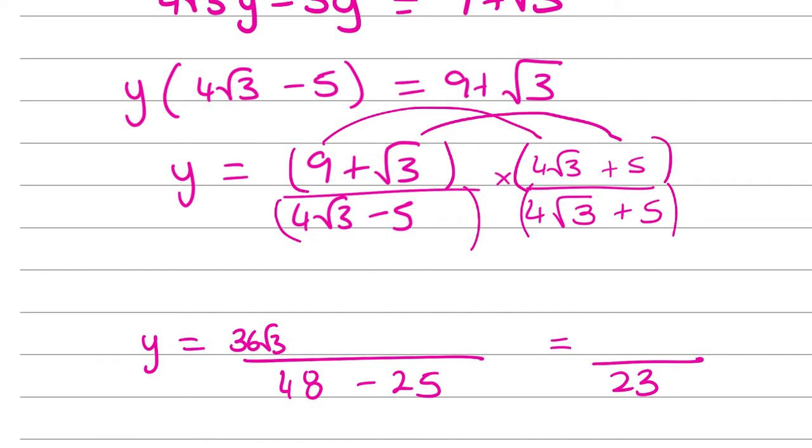Root 3 times 5. 5 root 3. Root 3 times 4 root 3. It's 4 times 3. It's 12. 9 times 5. 45. So I'm going to have 37 root 3. No, I'm lying. 41 root 3 plus 57. Is that right?